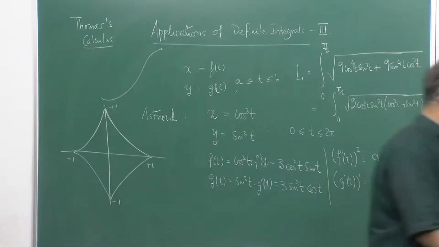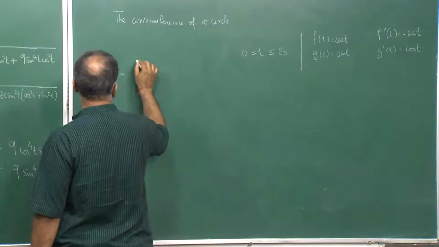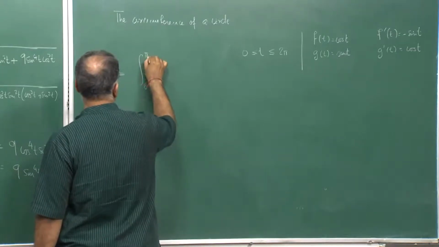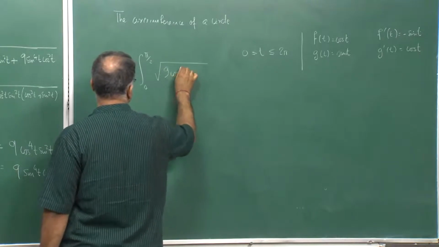So, I will have L is equal to the integral from 0 to pi by 2 of root over 9 cos square t sin square t.